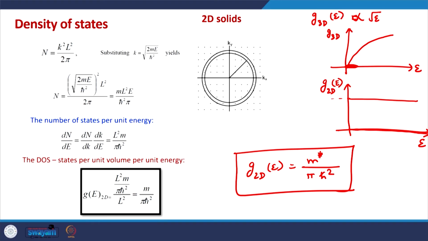So, if we make our channel 2D, the density of states changes and it will change the conduction in a major way. So, this is why understanding density of states is quite important.